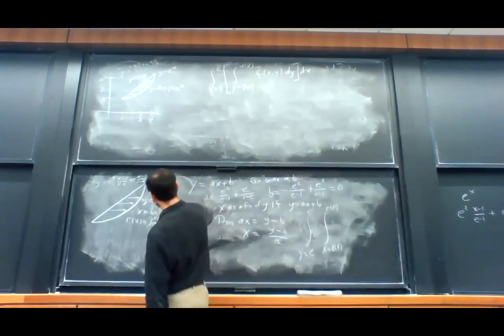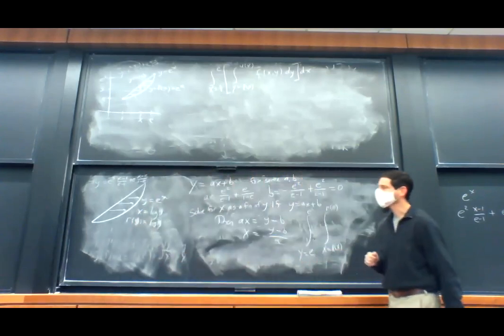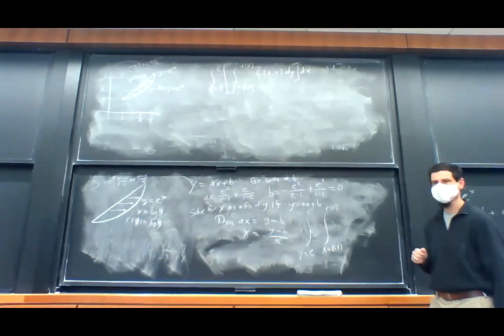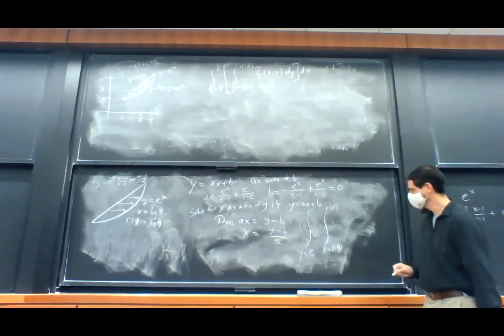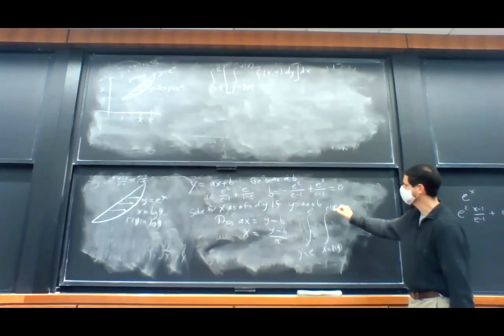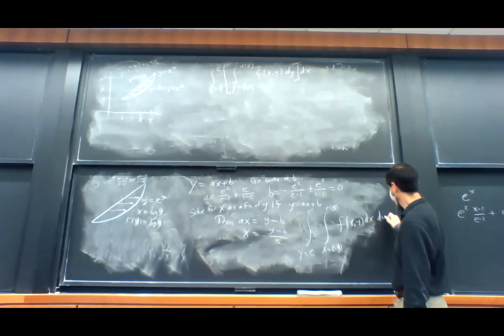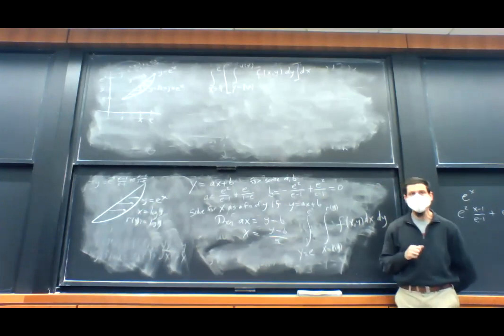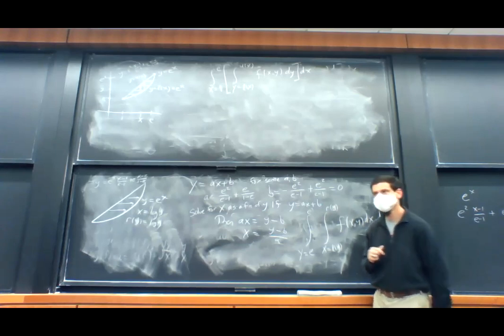Typo: this should be x equals the log of y. If y equals e to the x, then x equals the log of y. So x goes from the lower bound at y, or the left bound at y, to the right bound at y, dx dy. And that would be how you switch the orders of integration. Yes?